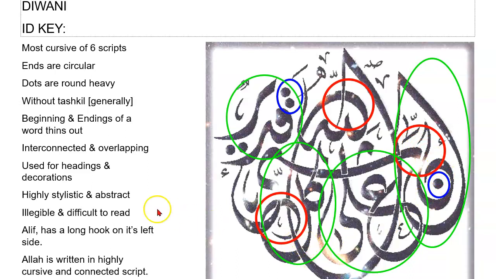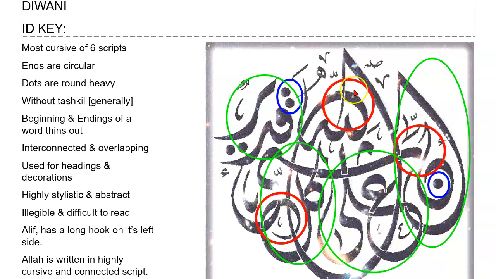Okay. Used for headings and decorations, highly stylistic and abstract, right? It sometimes becomes abstract where you're almost not able to read, illegible, and difficult to read. And Aleph, the word Allah is written in highly cursive and connected script, as you can see.